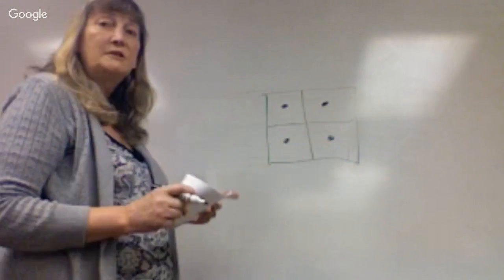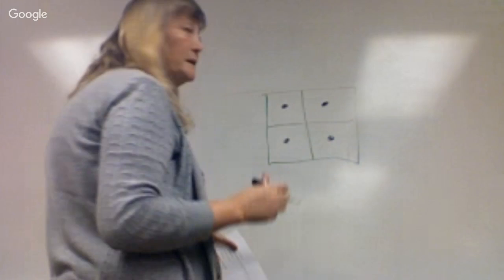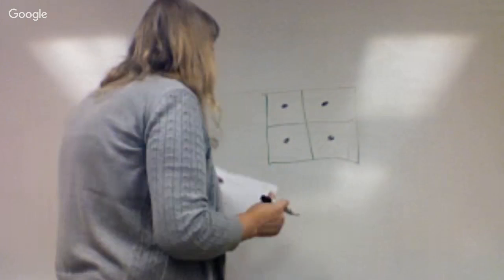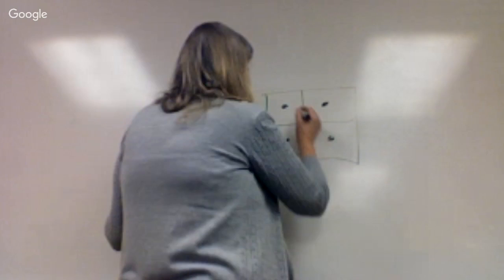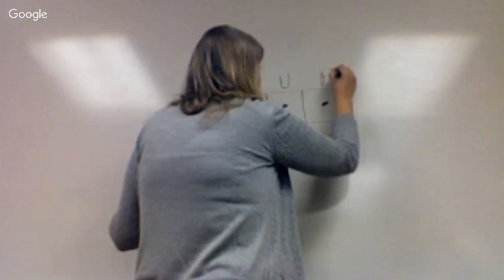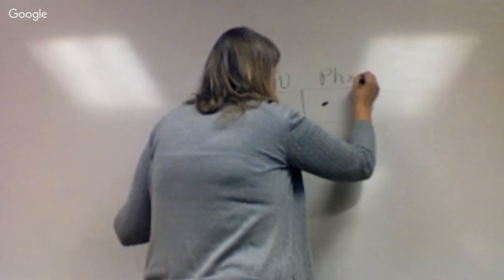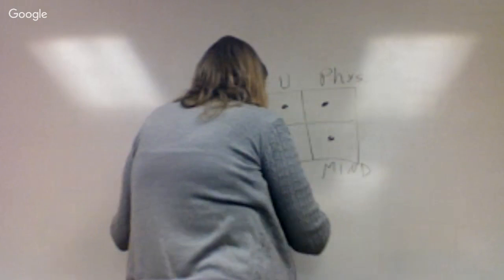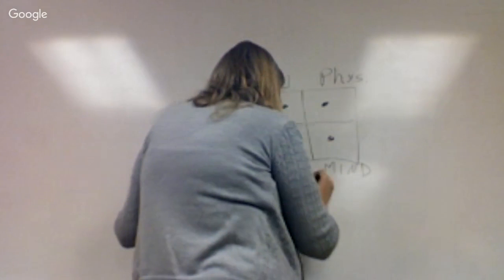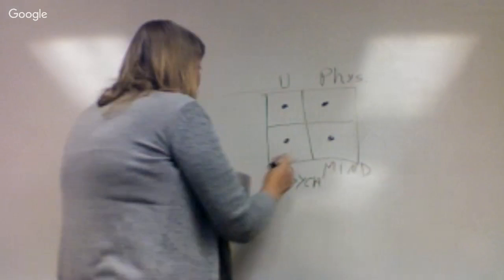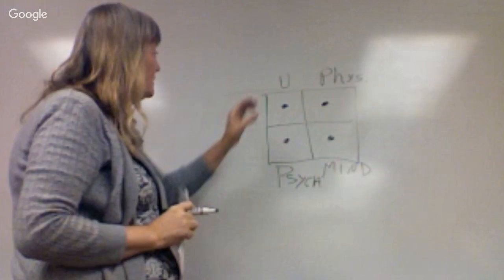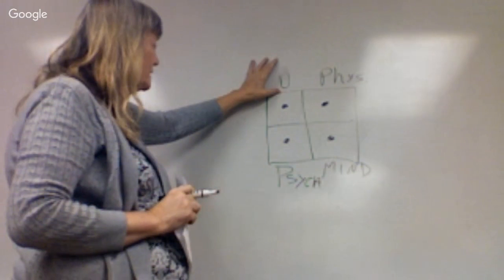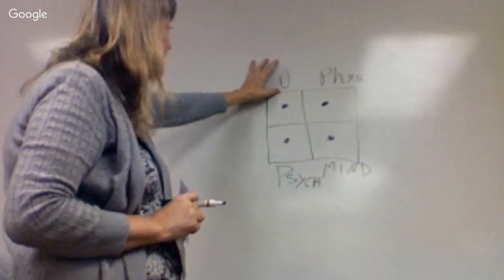I liked universe, physics, mind, and psychology at that level of the chart in Dramatica, that top quad, because with universe, physics, mind, and psychology, it was very easy to describe that universe was a fixed state of affairs externally.